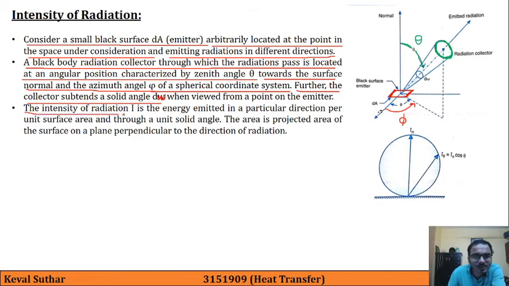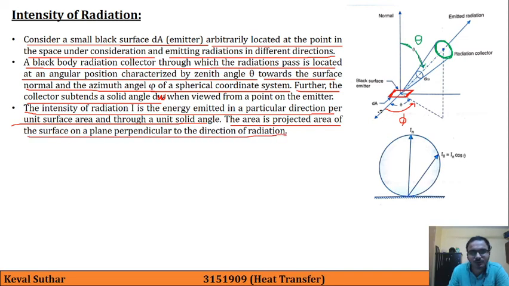The intensity of radiation I is the energy emitted in a particular direction per unit surface area through unit solid angle. The area is the projected area of a surface on a plane perpendicular to the direction of radiation.